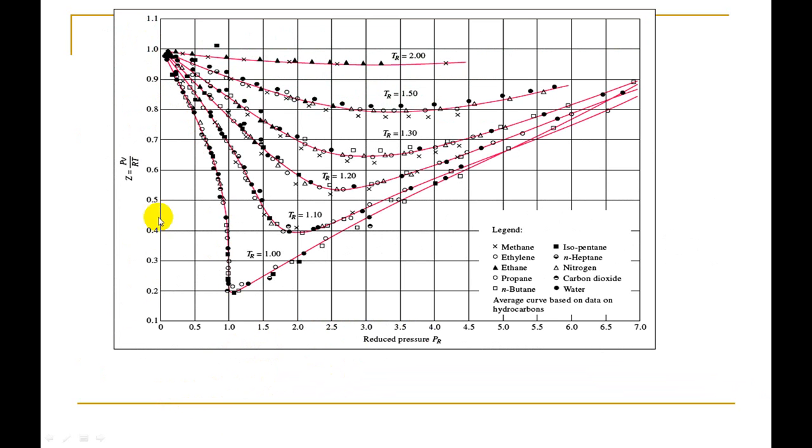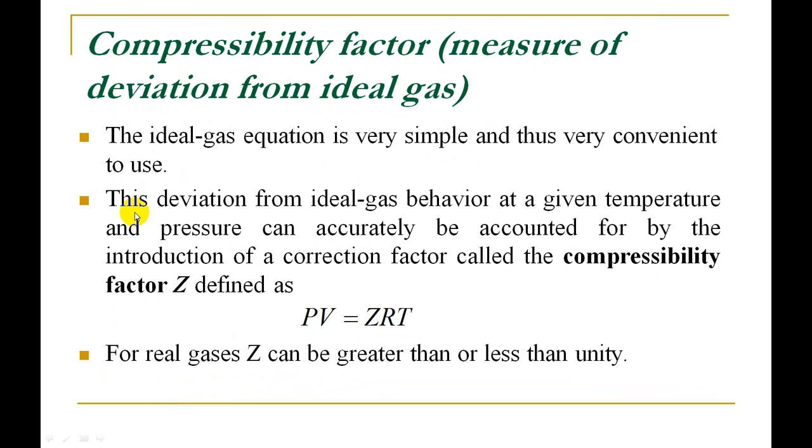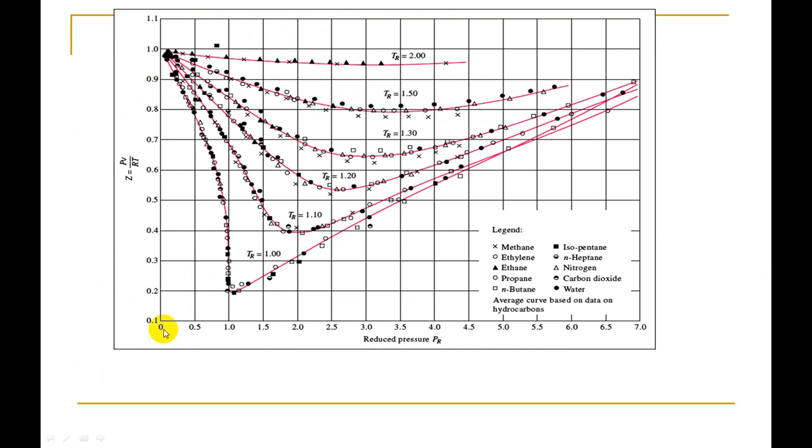In the y-axis, we have Z value, which is the compressibility factor, and in the x-axis, we have reduced pressure, or PR, and we have different curves in the graph, and those are TR, reduced temperature. So TR at different values and PR at different values and Z at different values.